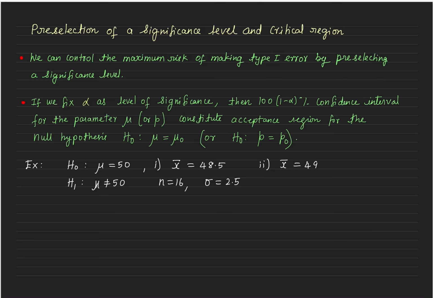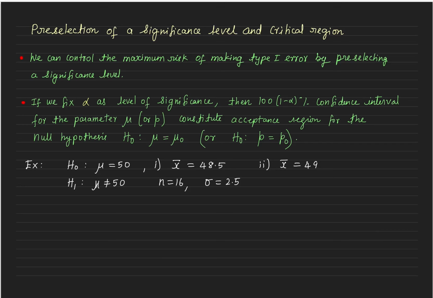Now look at this. When the population is normally distributed, then the random variable x bar assumes a normal distribution. Thus, the random variable z, whatever we find, is a normal random variable, and the corresponding test is called the z test.